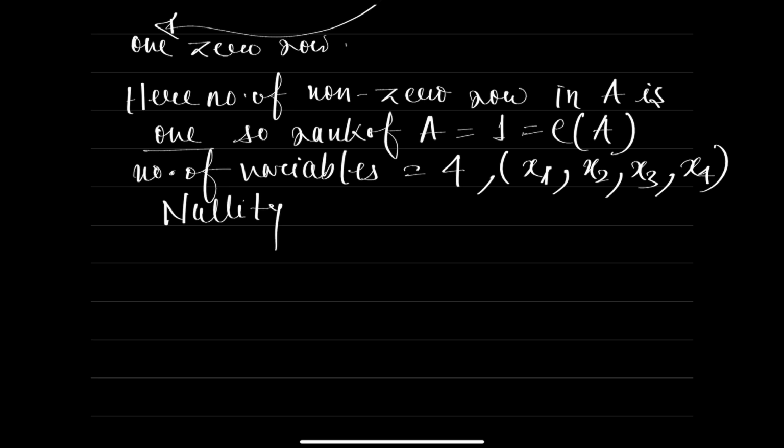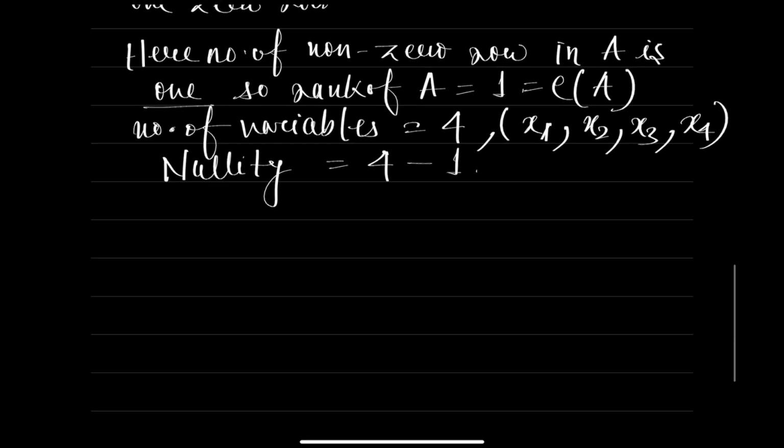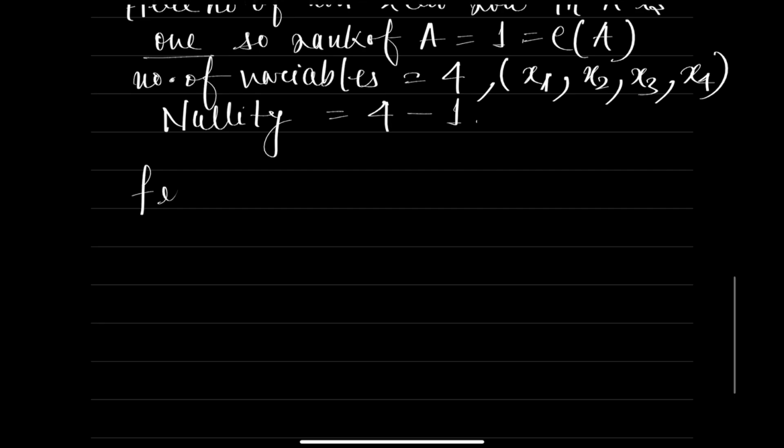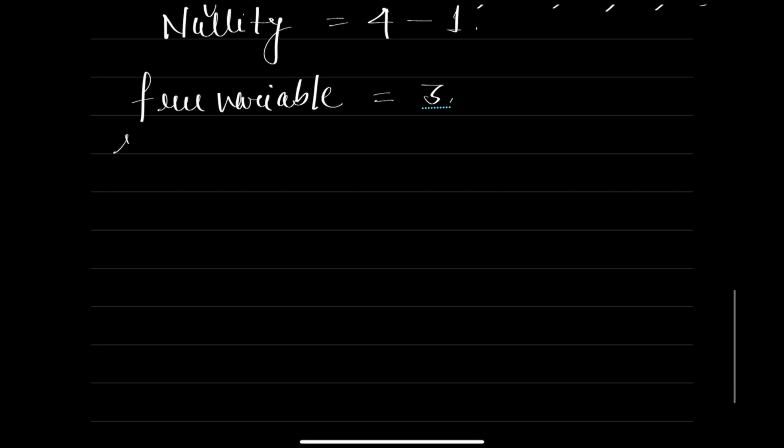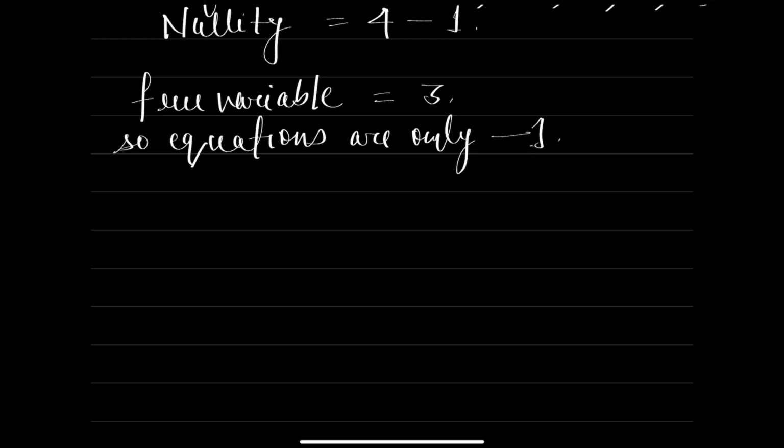Nullity is equal to 4 minus 1, so the free variables will be 3. So the equations are only 1.